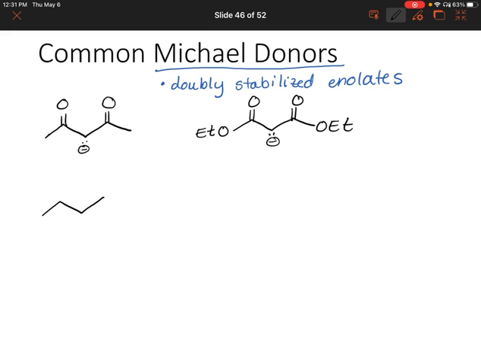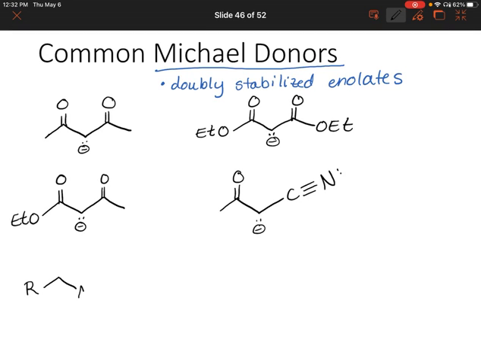We could also look at the ethyl, let's see, I'm forgetting the name. This would be used in the acetoacetic ester synthesis. So that could also act as a Michael donor. Or maybe we have a nitrile on one side and a ketone on the other. That could also be a Michael donor because there is resonance there on both sides. You could also have this kind of interesting molecule with a nitrogen.